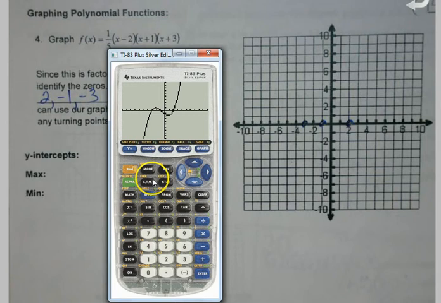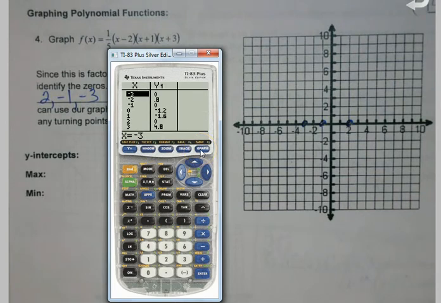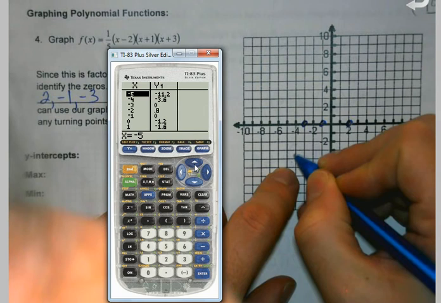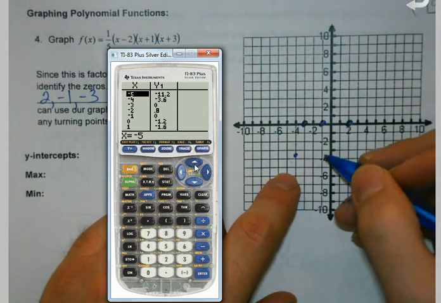So I can see where my zeros are going to be, and I'm going to see them on the screen too, because whenever I see a y value of 0, that's an x-intercept. And again, I'm just going to get a few more points in here so I can be as accurate as I can be.